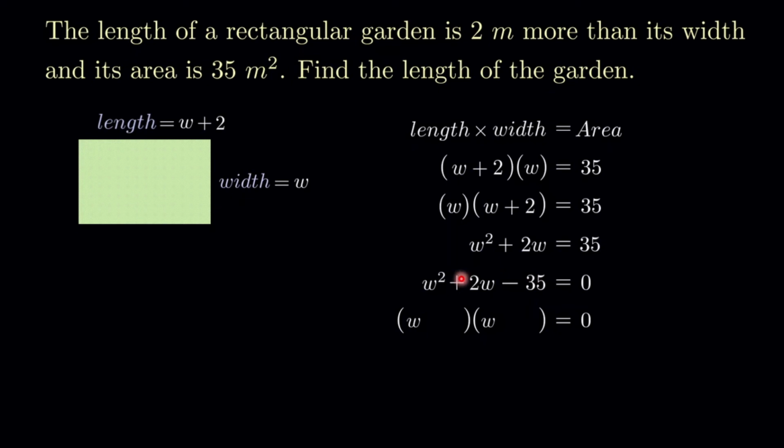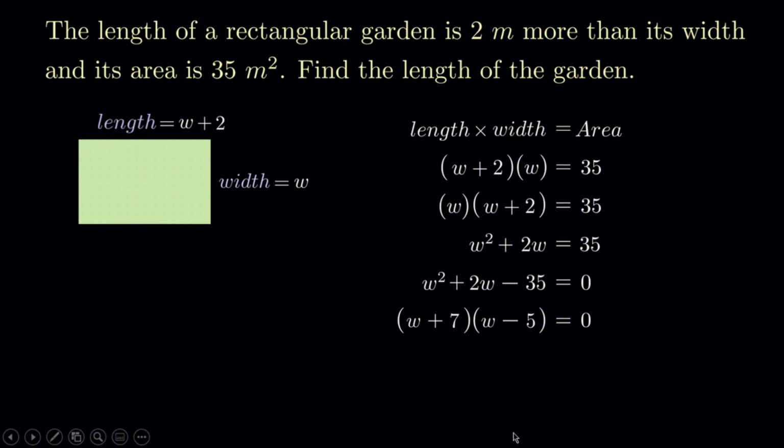Okay? Now, since the product is negative, ibig sabihin, yung dalawang numbers ay magkaiba ng sign. And ano yung dalawang numbers na yon? We have positive 7 and negative 5. Check natin. Positive 7 times negative 5, that is negative 35. And positive 7 plus negative 5 is positive 2.